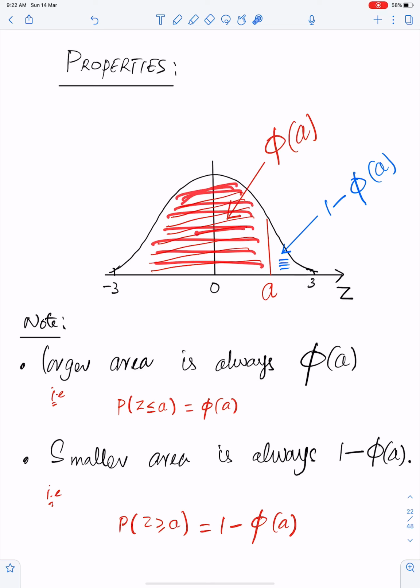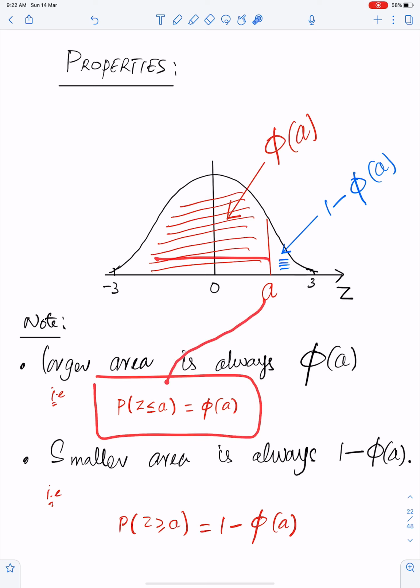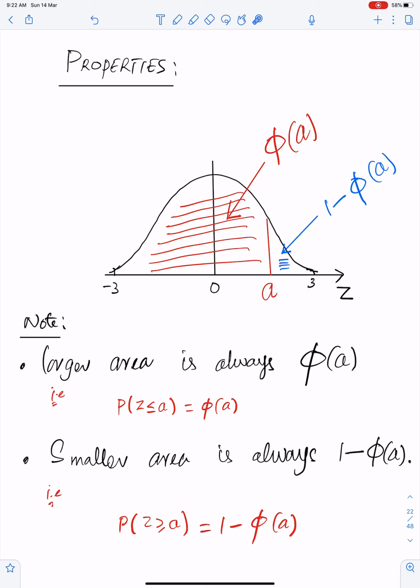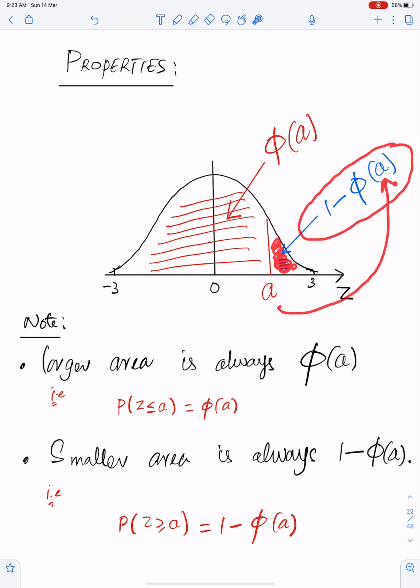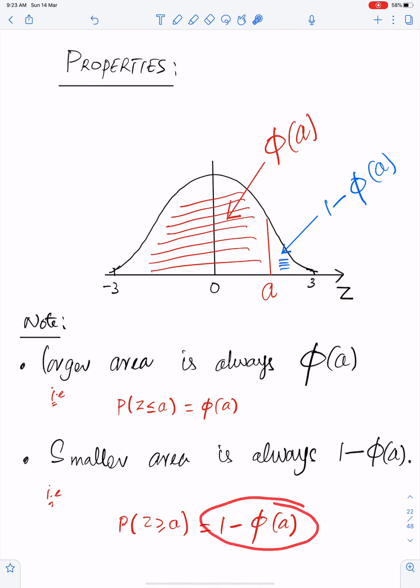So this is the larger area, therefore this must be phi of this number, because this is the reference line. And you can write this as probability z less than a is phi a. And this is the smaller area, meaning an area which is less than 0.5. So this area will always be 1 minus phi of this number. So this should be 1 minus phi a.